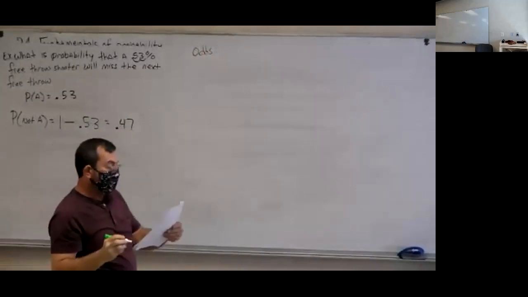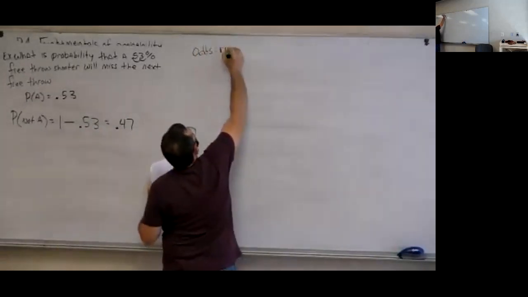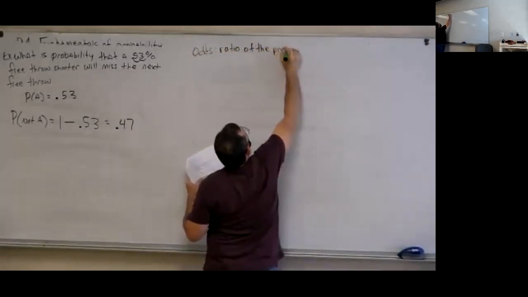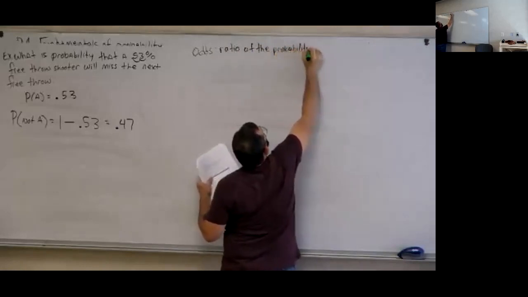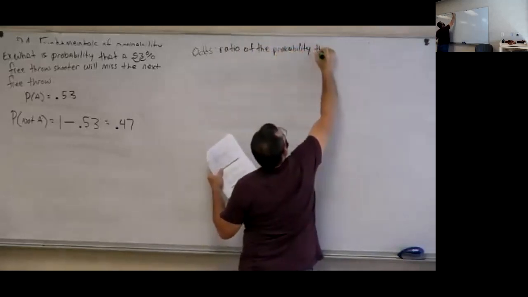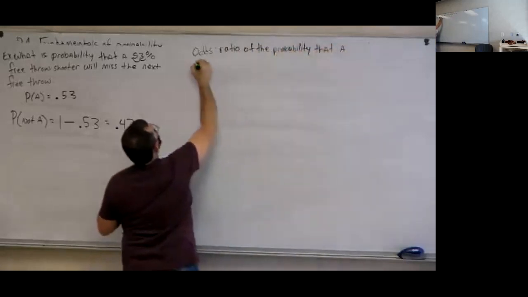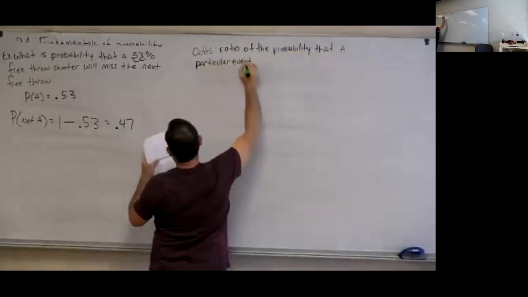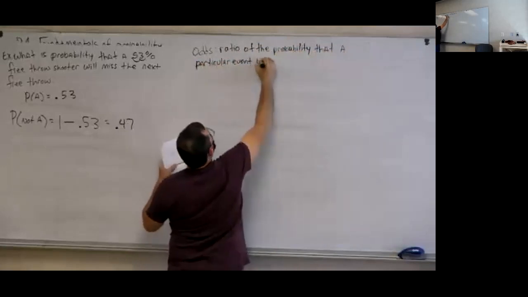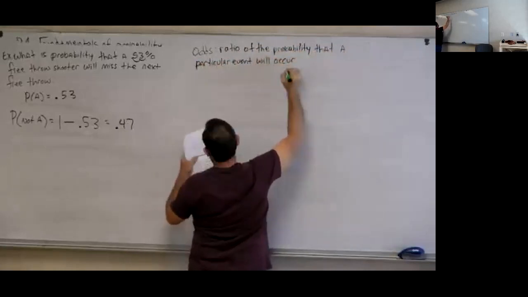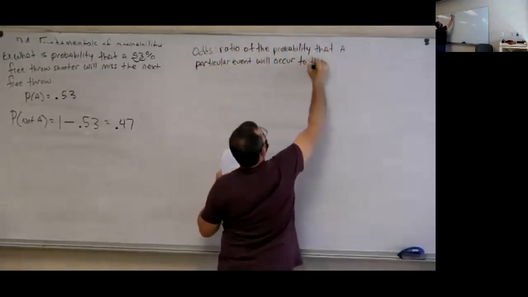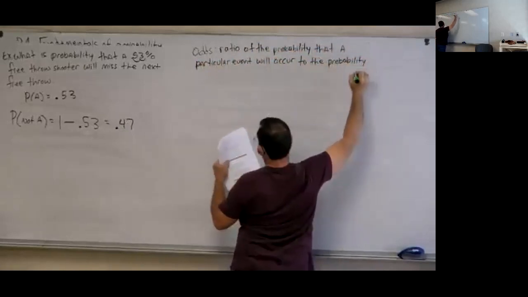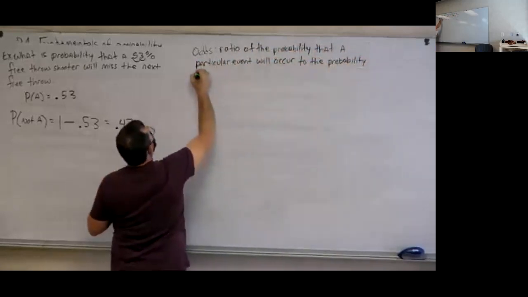Odds are the ratio of the probability that a particular event will occur to the probability that it will not occur.